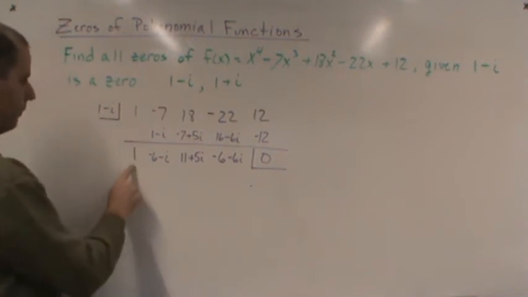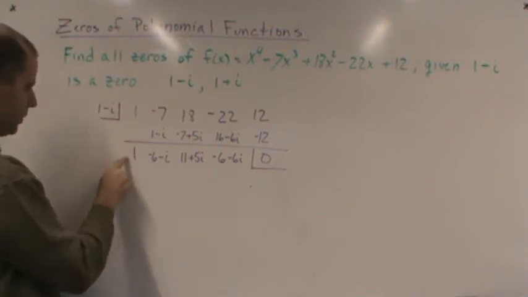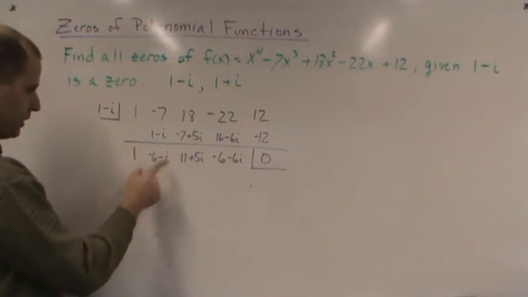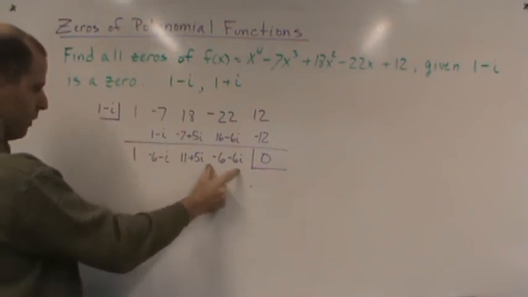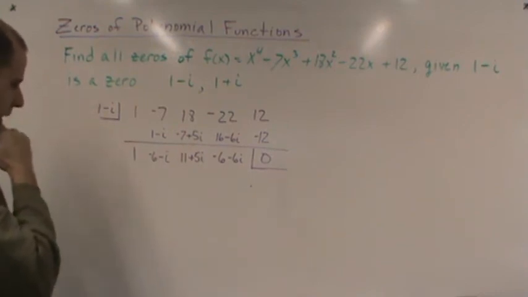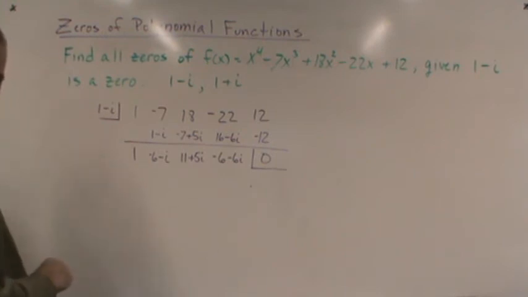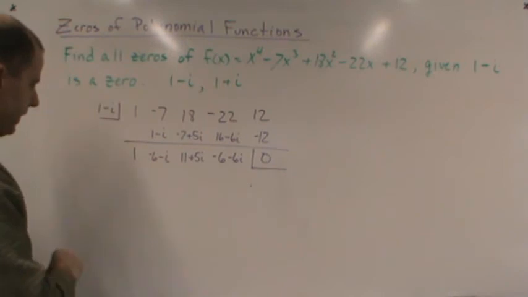Yep, I missed that 1. So remember, I dropped the 1 and then I multiplied here. For some reason, when I was erasing, I dropped the 1, and so I only grabbed these because I noticed something wasn't right, because I shouldn't have any complex numbers. Okay, so let's try that again. Sorry about that.